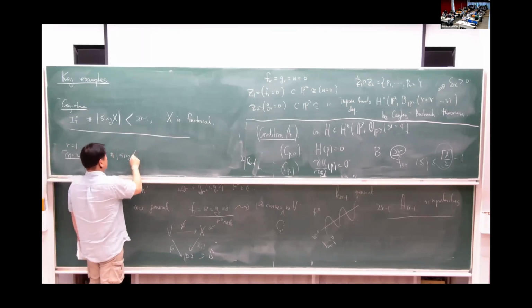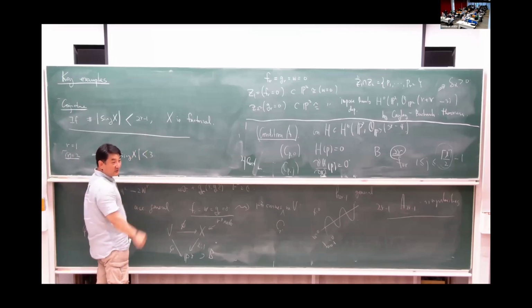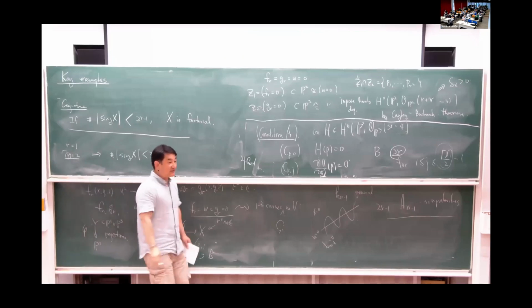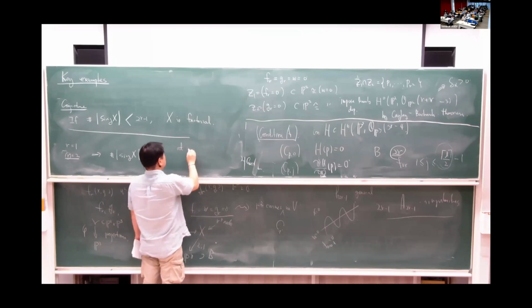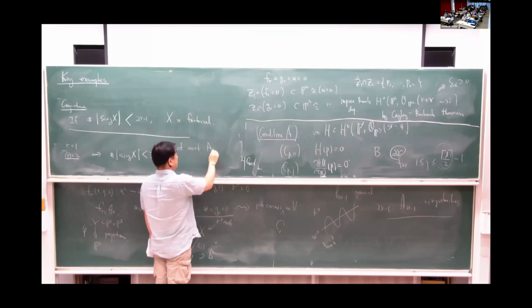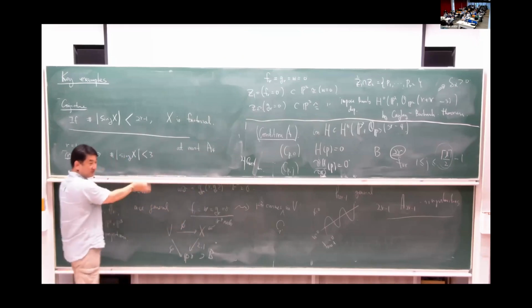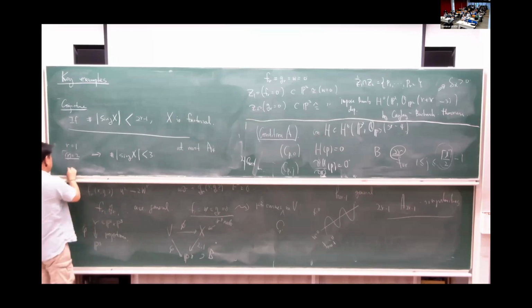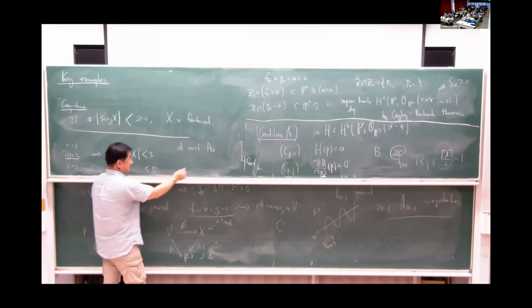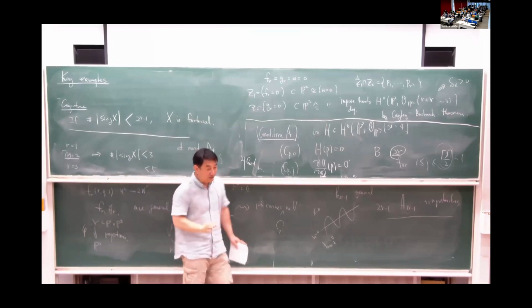If I have an extra condition, that the singularity of B is at most A4, then it's true. This is about 5 points, and with this condition, it's true. But without this condition, I don't know.